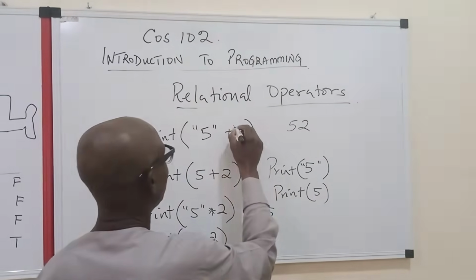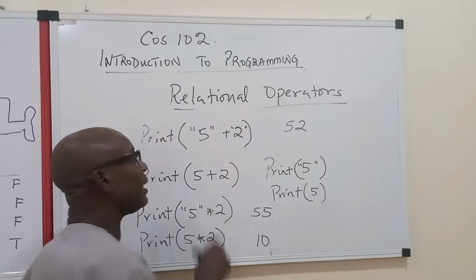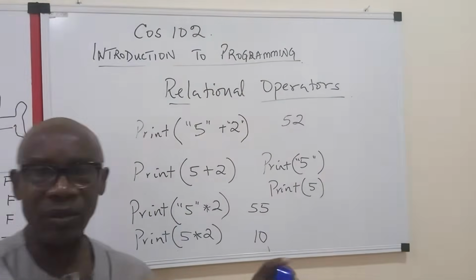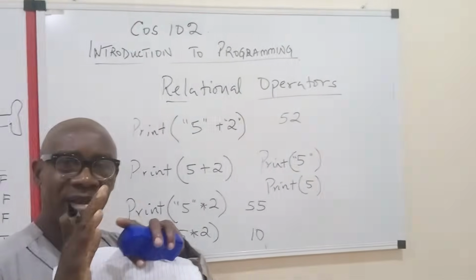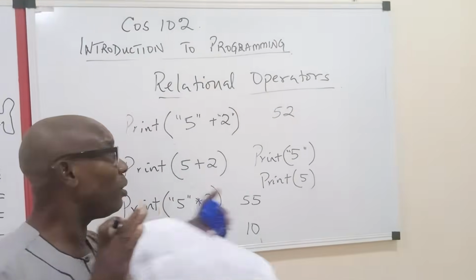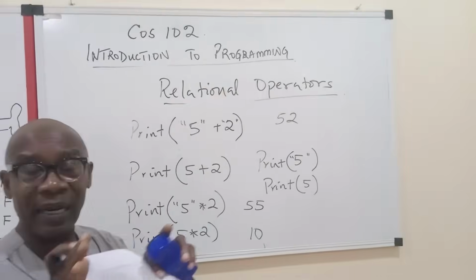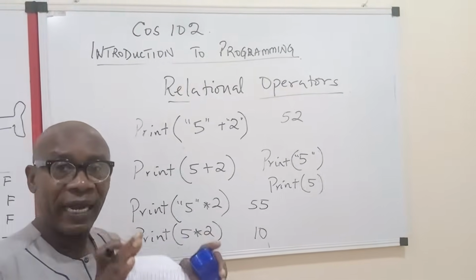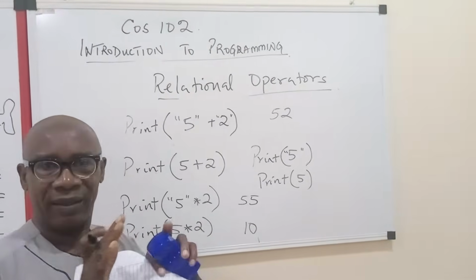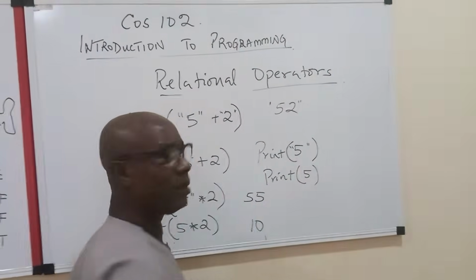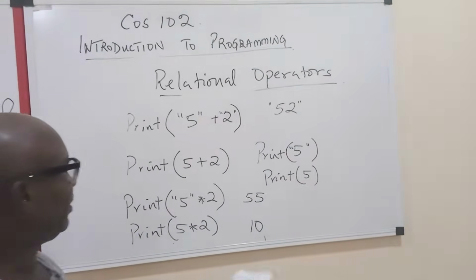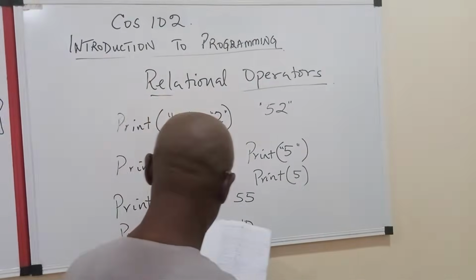This is called concatenation. You are bringing the two strings together. I've made it a string, so I'm just bringing the two strings together. So it is not going to give you 10, but it's rather going to give you 5 and 2, which is 52. But the 52 is a string as well, not an integer. So let us look at that.